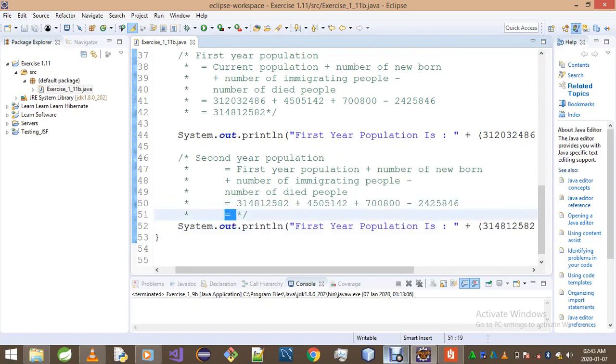Okay. And the answer to this is actually, it's better if I put everything.